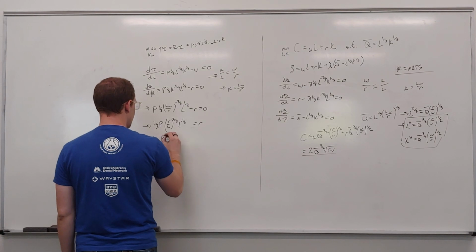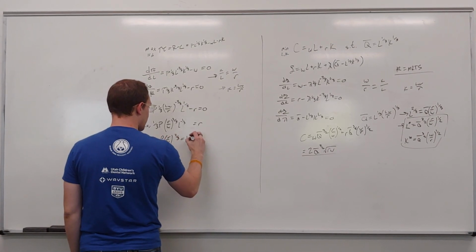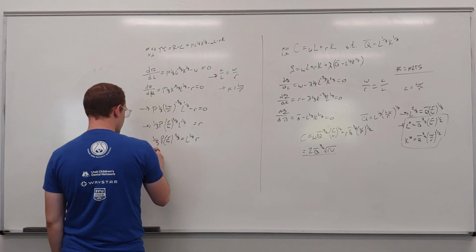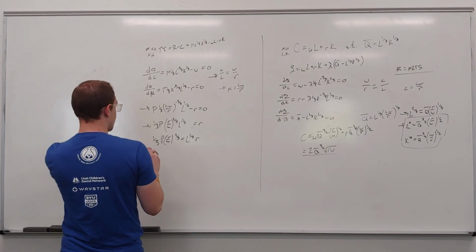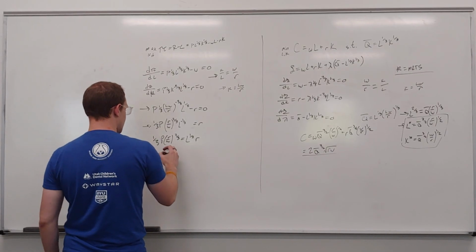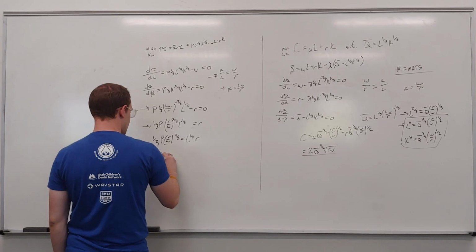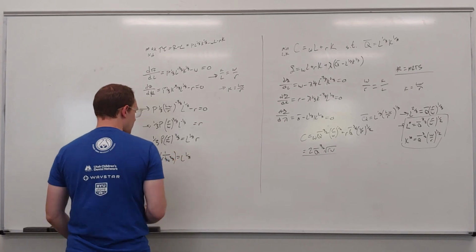We have 1/3 P R over W to the 2/3 equals L to the 1/3 R, and then bringing R over here, we have 1/3 P, 1 over R to the 1/3 W to the 2/3 equals L to the 1/3, okay?